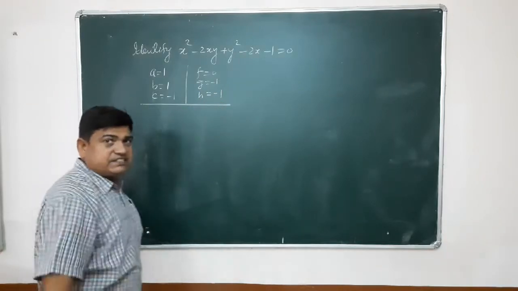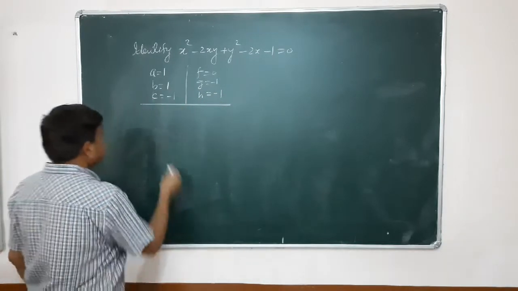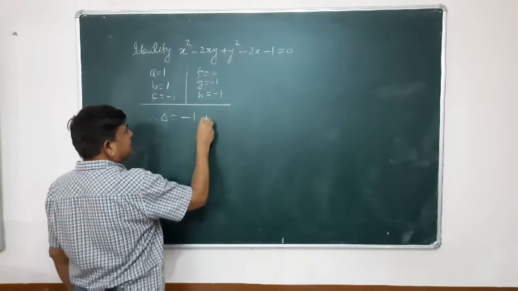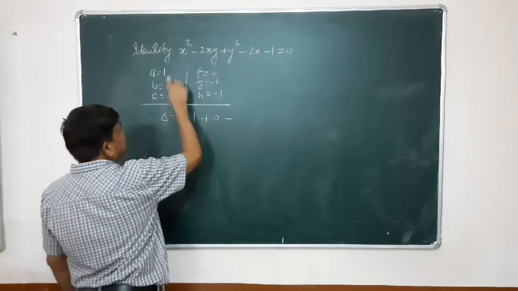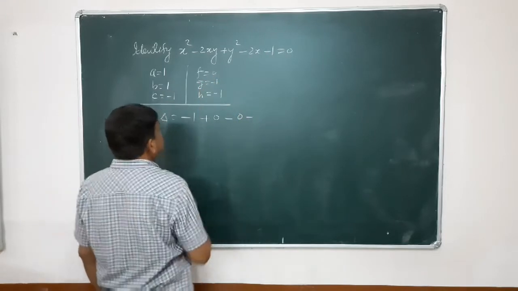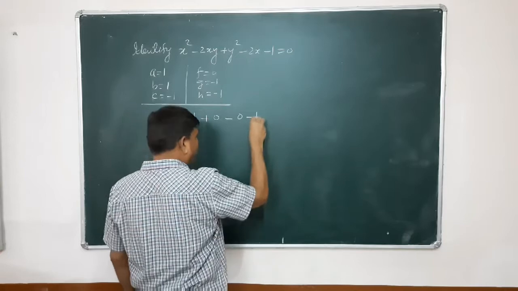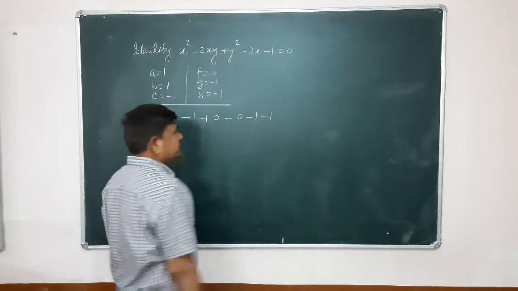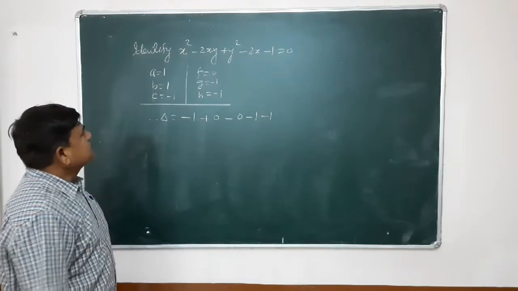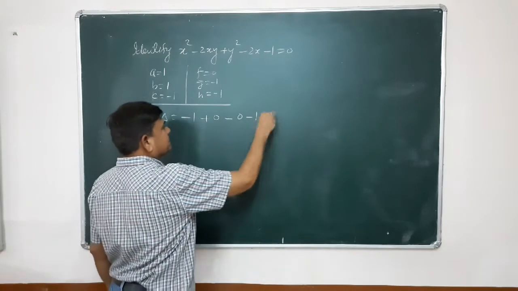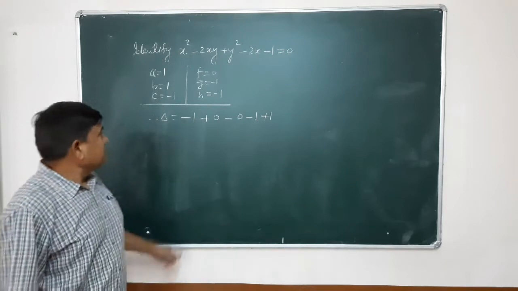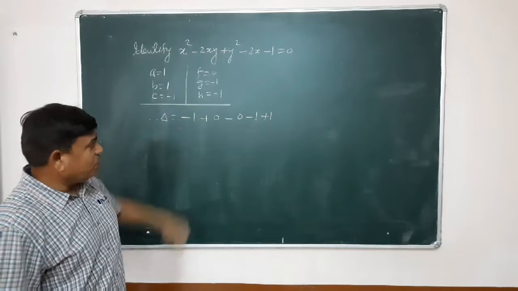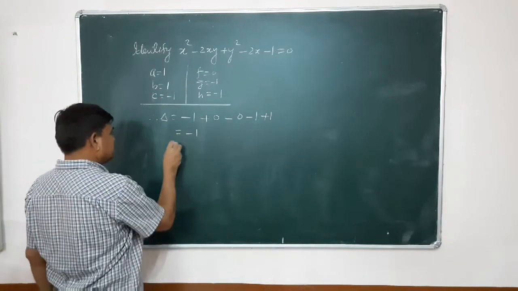Now I will not repeat. You have to understand. Therefore, delta is ABC minus 1, plus 2FGH is 0, minus AF square is 0, minus BG square is 1, minus CH square. So minus of this minus will be plus and this is 1. So this is minus 1.